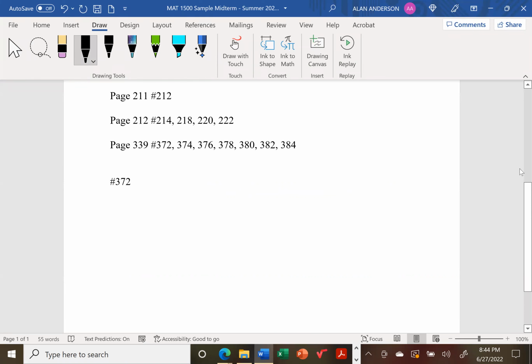the actual question is, for the function 3 over x, what is the derivative? Okay, so here's what you're, oh, by the way, it's not just what is the derivative. I mean, you're supposed to use the definition of derivatives.